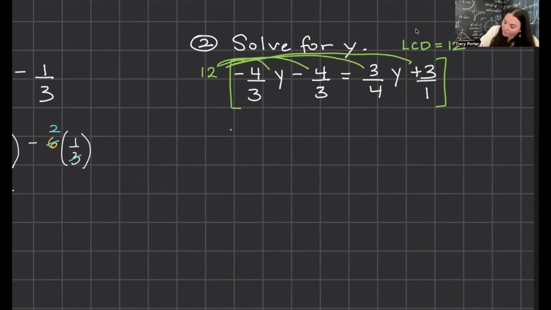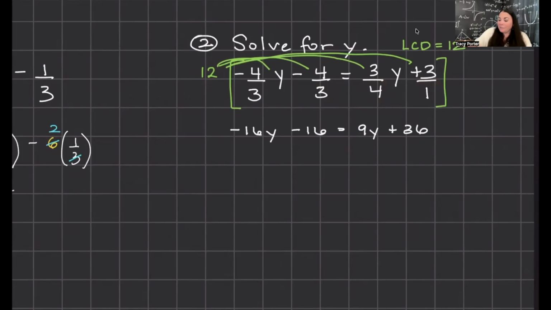That'll be 4, so we'll get a negative 16y. Next, we'll divide this particular 3 into this 12, that gives us 4, so minus 16. And this 4 into the 12 gives us 3, and 3 times the 3y is 9y. And then finally, 12 times 3 over here will be plus 36.